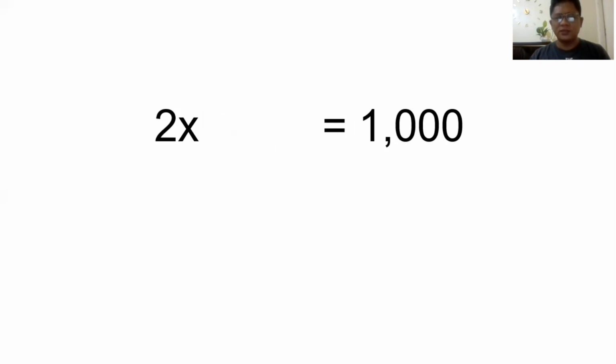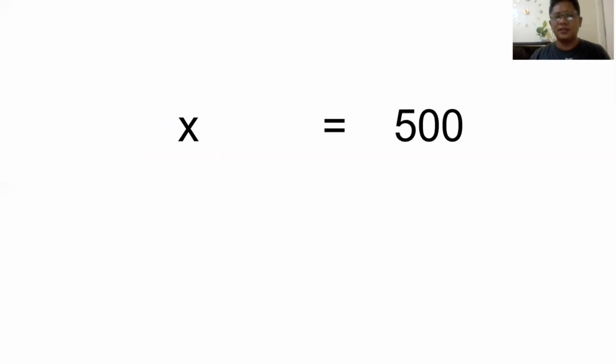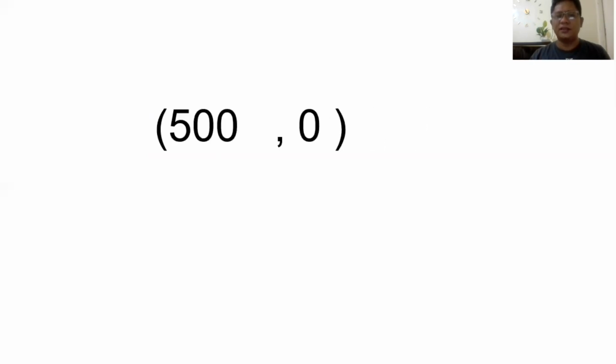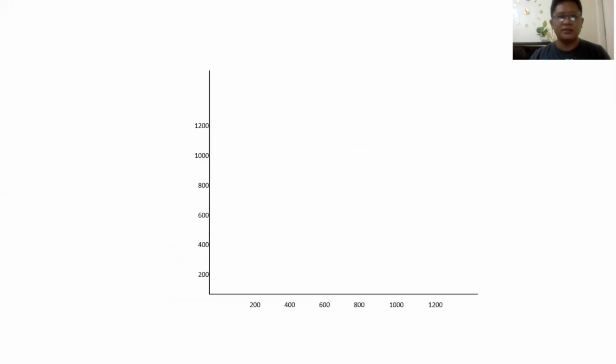So again, isolate x by dividing both sides by 2 or multiplying both sides by 1/2. So what you will get is x is equal to 500. So if x is 500, y is 0. So we now have complete 4 coordinates to plot to complete our graph. So for the second equation, you have 0 for x, 1000 for y, and 500 for x, 0 for y.